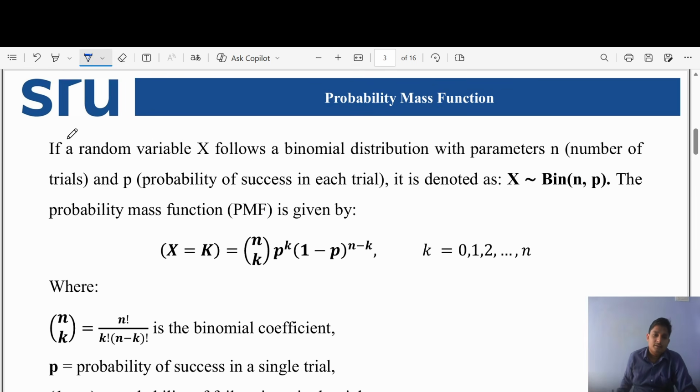Since binomial distribution is a discrete probability distribution, we talk about the probability mass function.